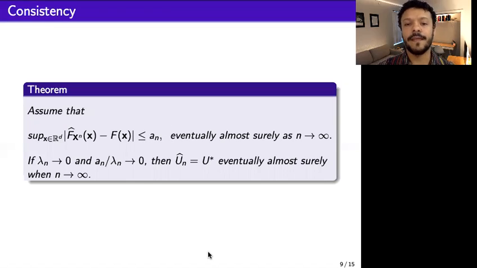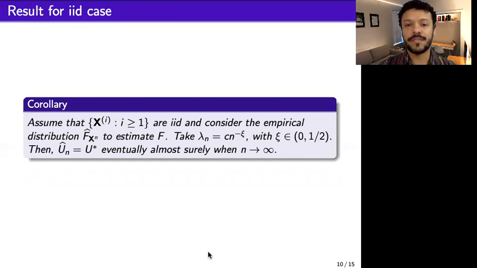Moreover, we have this particular result for the IID case, and under the same conditions of the theorem, if you take the penalty term to be equal to this expression here, then our estimator converges eventually almost surely to the true set of independence U star.